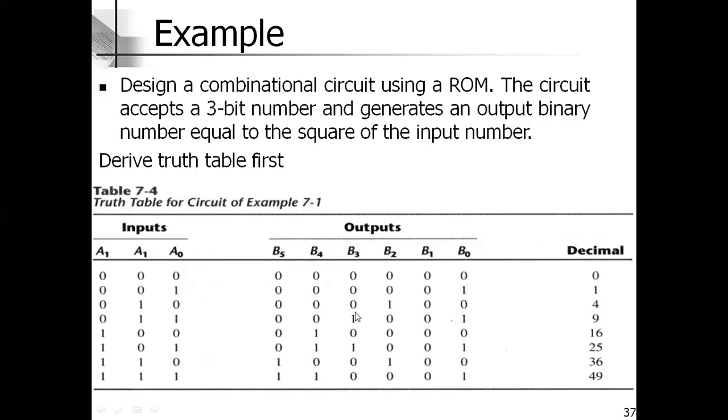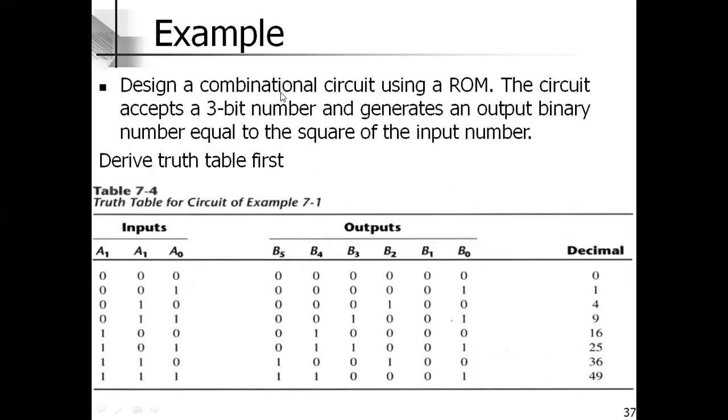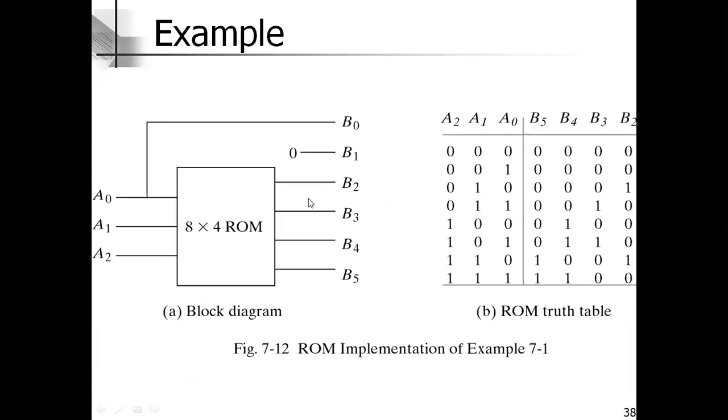In this block diagram, out of 6 outputs, only 4 outputs are there. Why will we not use the remaining 2? Our example is a 3-bit number that generates an output number equal to the square of the input number, and totally 6 outputs are there. From these 6 outputs, we will connect only 4.